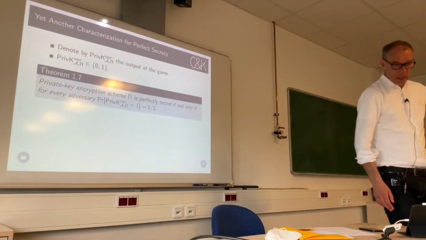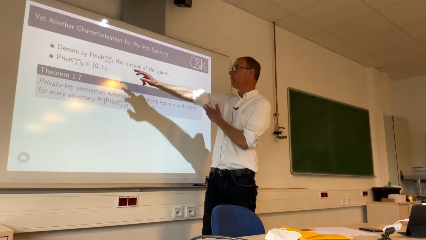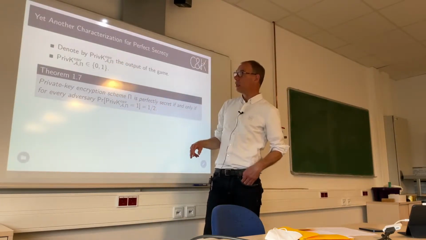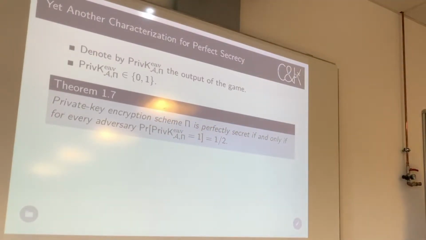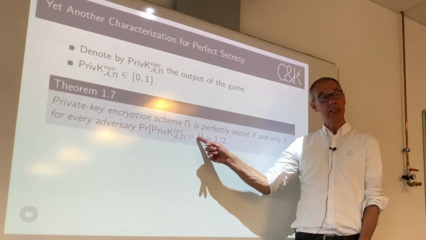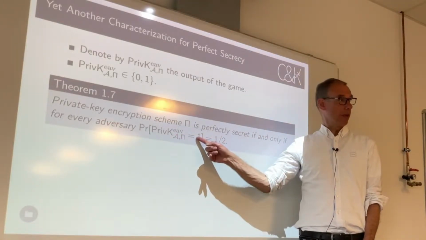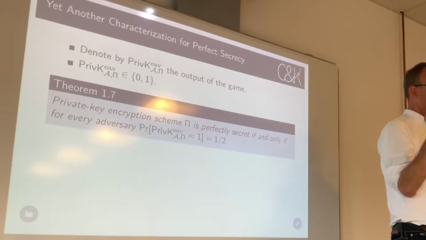Okay, and then we denote by this thing here the output of the game. It's a bit. And we say that the private key encryption scheme is perfectly secret, this is the theorem, if and only if for every adversary A, the probability that the output of the game is 1, that the adversary wins, is 1/2.